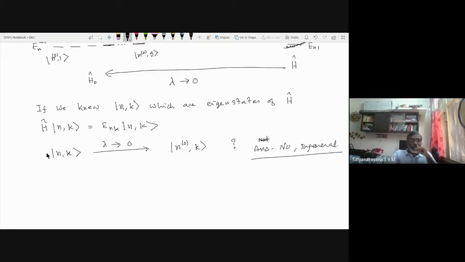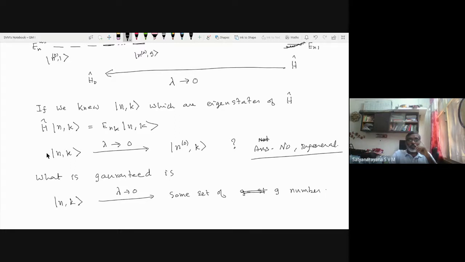So this is not guaranteed, but what is guaranteed is that this n comma k, as lambda tends to 0, will go to some set of g states which can form a basis for this vector space Vg.